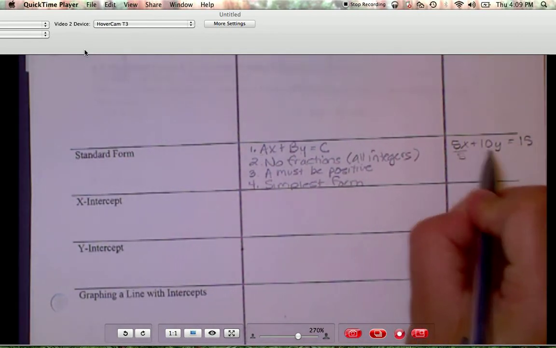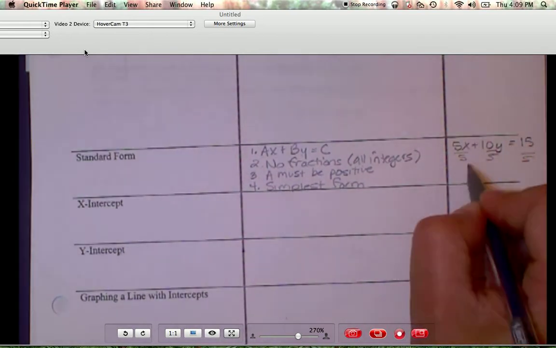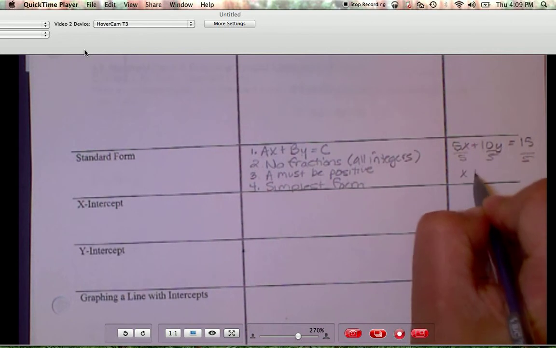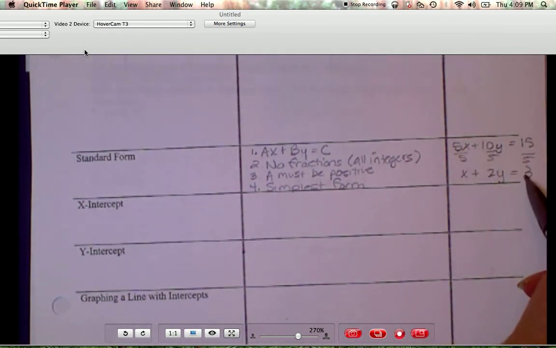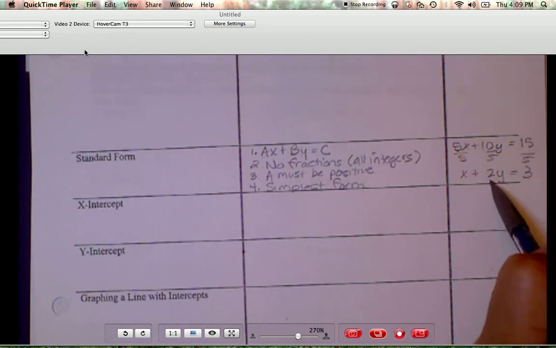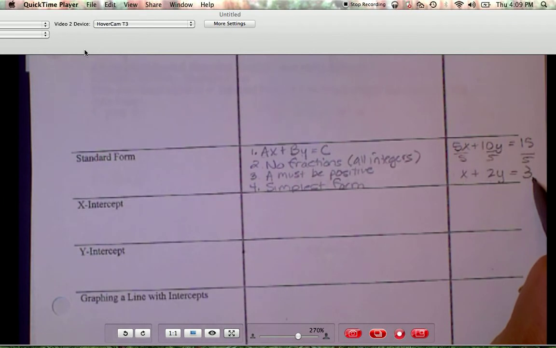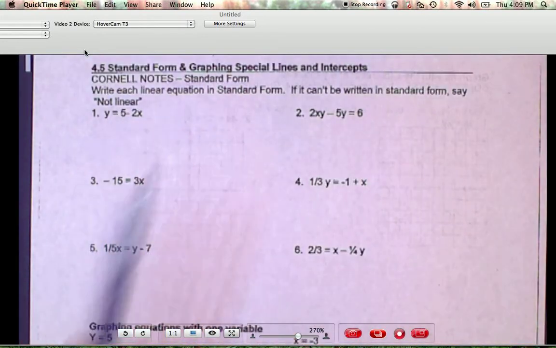Now, we have to go through and divide every single piece by the same number if we want to simplify it, and that would give us x plus 2y equals 3. And now this is in simplest form. The A is positive, the x comes first, the y comes second, and there's a constant on the right side of the equal sign. So using these four rules, we are going to work on these first examples here.